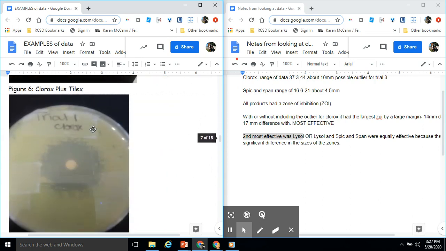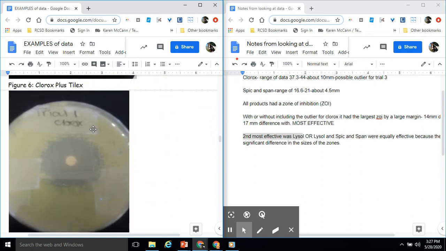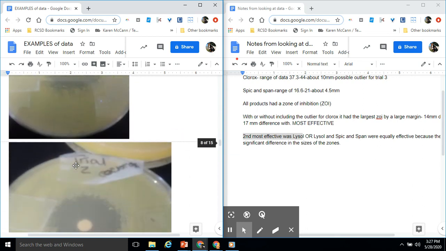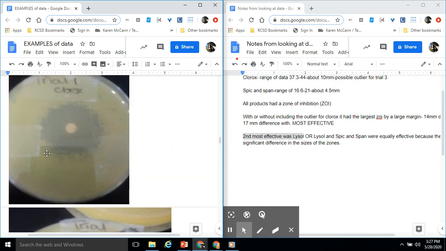Let's scroll down now and look at the Clorox. So here's your Clorox plus Tilex. This one was so strong, she had to put one disc per plate. It was just taking over. Clorox plus Tilex. Big, huge lawn. But you'll notice the edge is inconsistent, right?